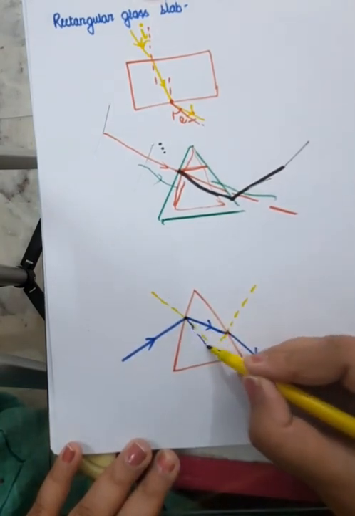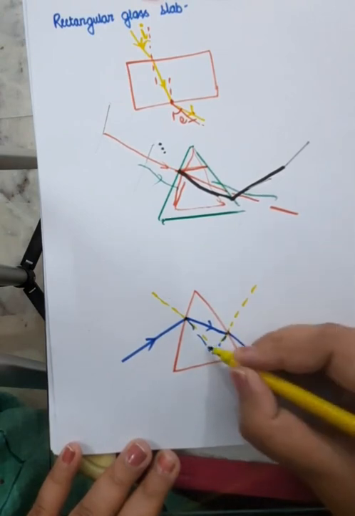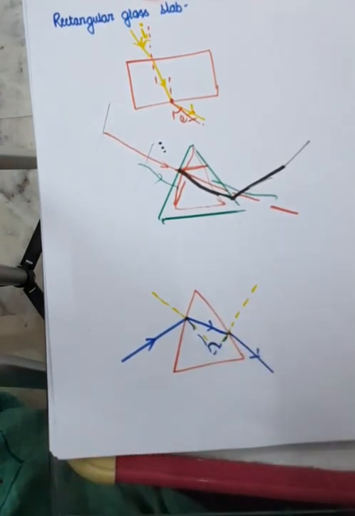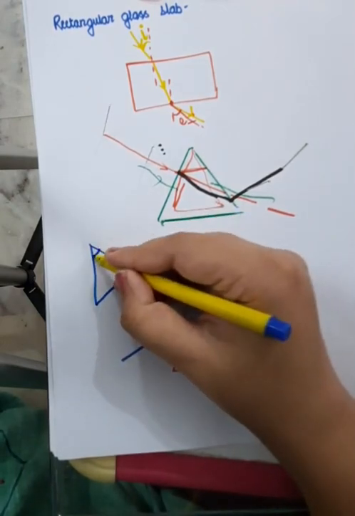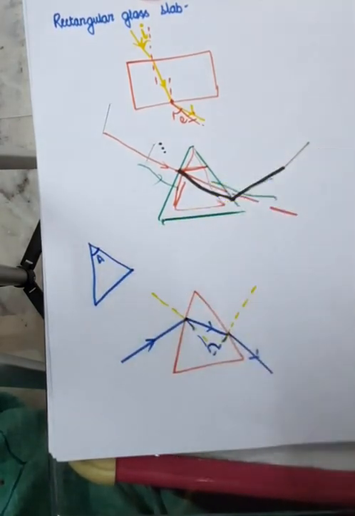And when you will join these two normals, you're going to get, see, I'll tell you what is the angle of deviation and what is the angle of prism. So the angle of prism is this, angle A. And what is the angle of deviation?